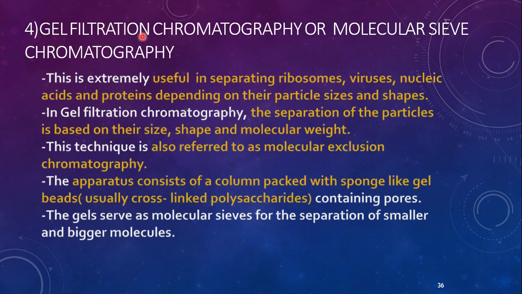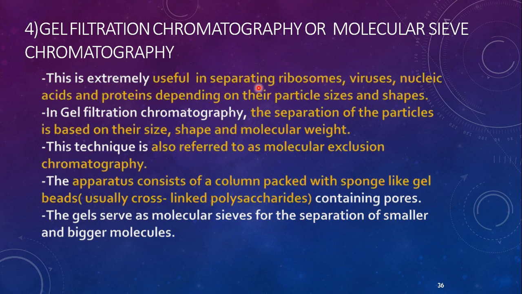In gel filtration, large particles or smaller particles could be present in the gel, and these large and small particles will be separated. Suppose a polymer contains large molecular weight and small molecular weight molecules of the same polymer, so these large or small molecular weight polymers could be separated using this gel filtration chromatography. So it is also called molecular sieve chromatography.